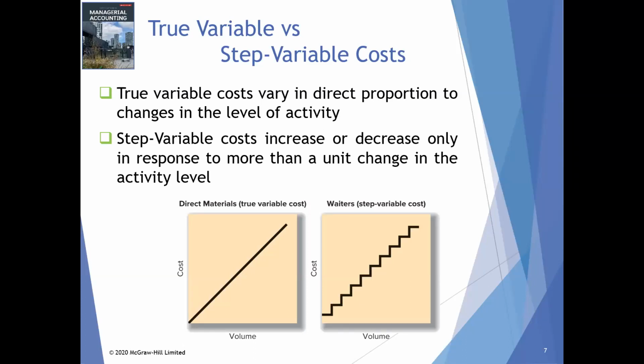We can take an example of this step variable cost. Let's say in the gym there are 50 clients. For the 50 clients, you need this much of place and you need a number of machineries.